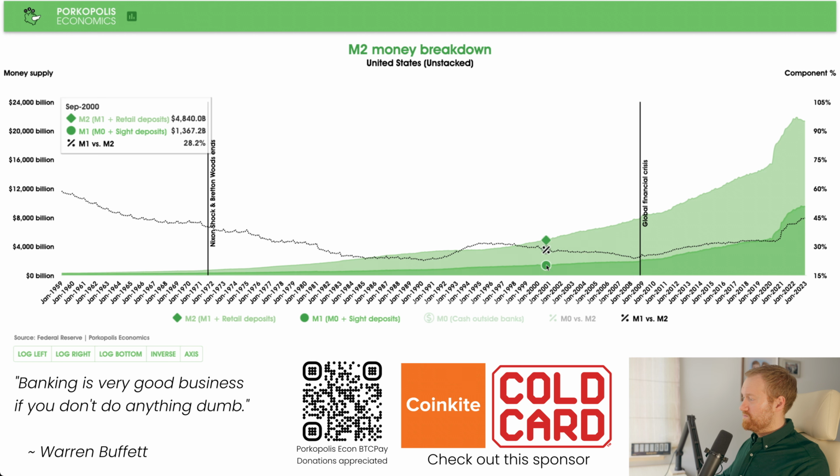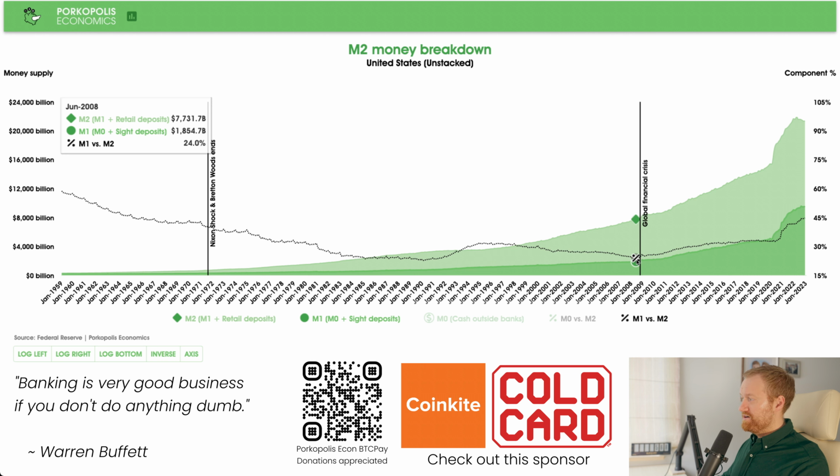We see still more retail type savings accounts accumulating, increasing all the way to the global financial crisis, to where checking accounts, demand deposits, are only 23.9%. Very similar level to the early 90s number, 1990 number basically. On the eve of the financial crisis, checking accounts were only 24% of M2.